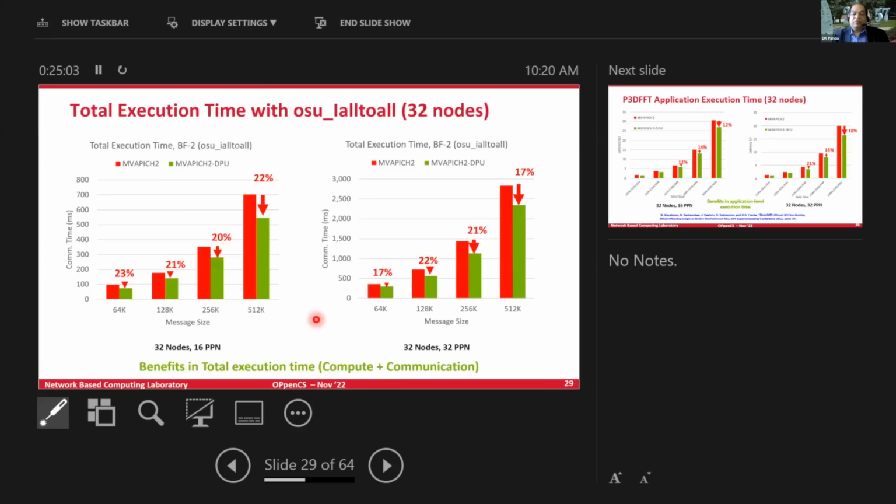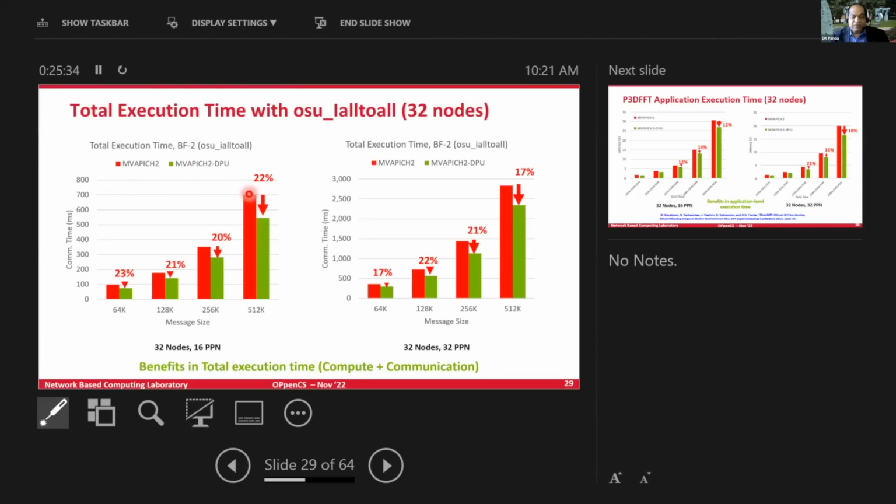And let me show you some numbers. So this is OSU Ialltoall, a non-blocking all-to-all. Especially when you evaluate non-blocking, we need to make sure that it's not just the basic communication latency, but how much it is able to overlap with the computation. Typically there is a standard benchmark. In fact, in our OSU micro-benchmarks, which are released together with our MPI library, there are standard benchmarks which initiate the communication, perform the computation, and measure both the computation and communication time.